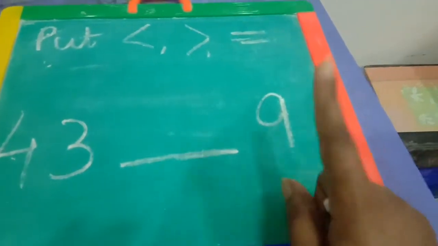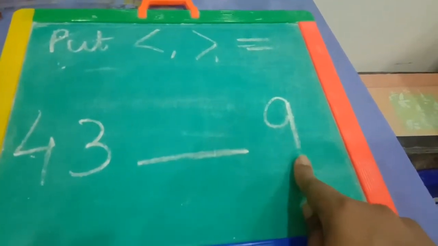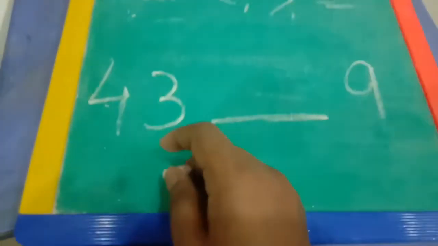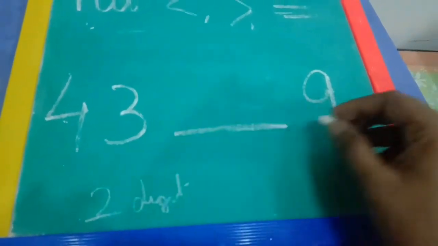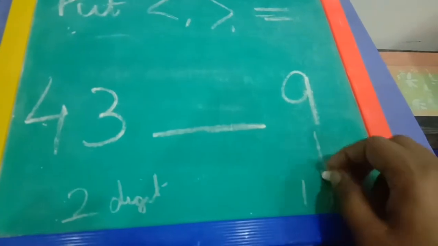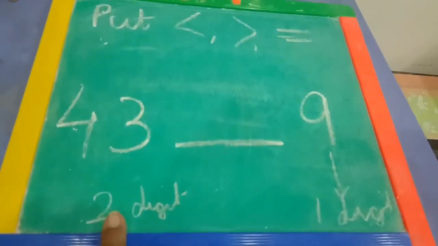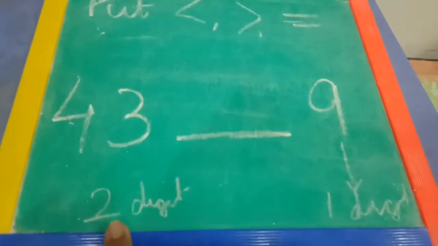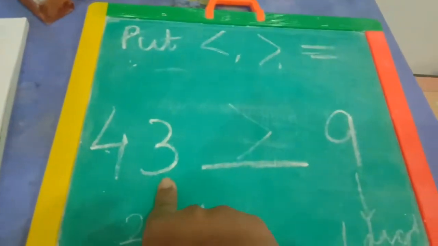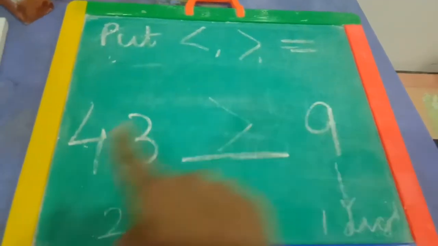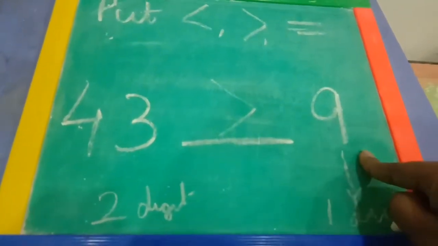Now this number is a one digit number and this is a two digit number. You tell me, 2 is greater or 1 is greater? 2 is greater. So that means the two digit number 43 is greater than the one digit number 9.